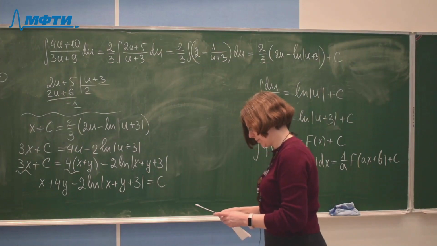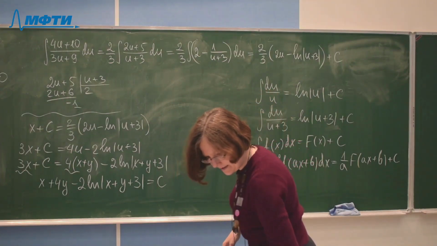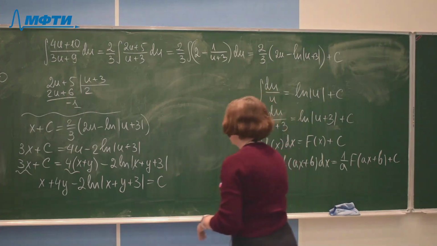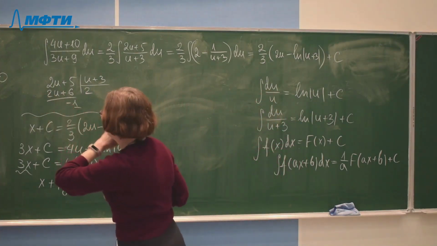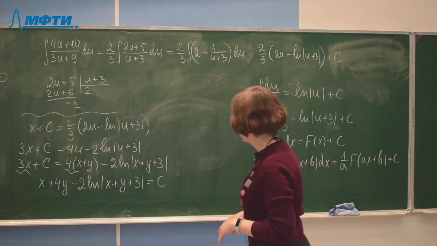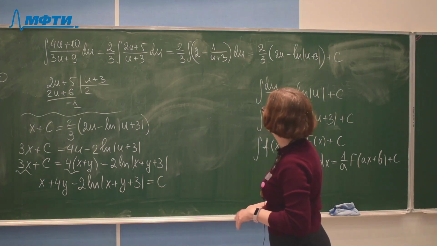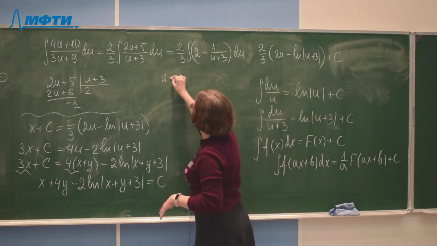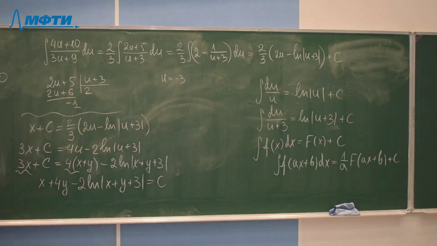Okay, so I want to check the answer. Well, now let's try to check whether u equals -3 is a solution or not. Is it a solution or not? So let's check u equals -3. We have divided by 3u plus 9.